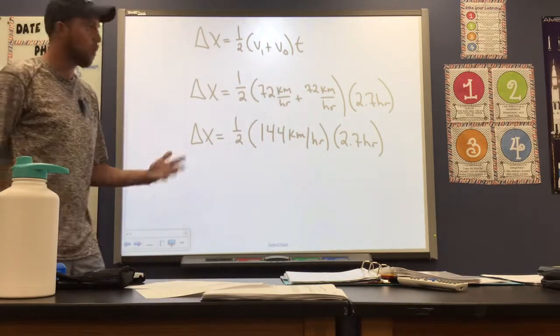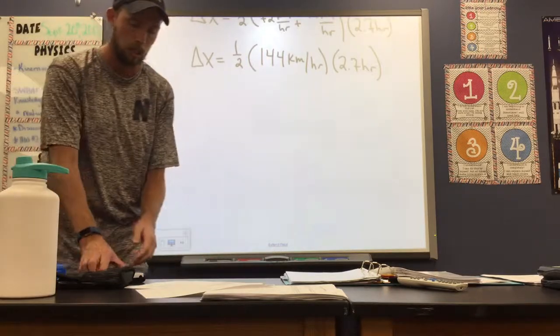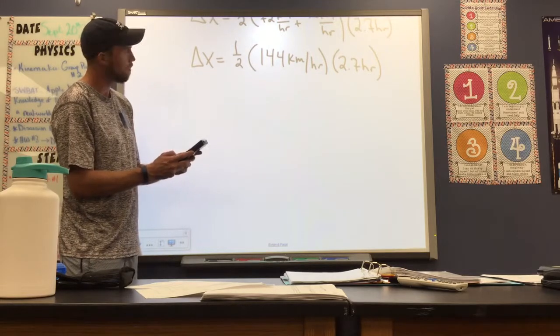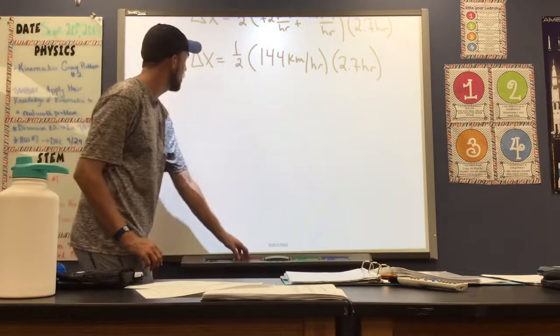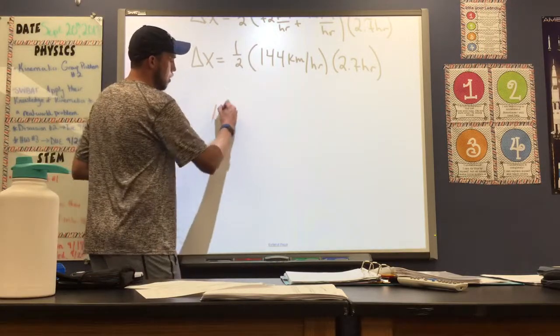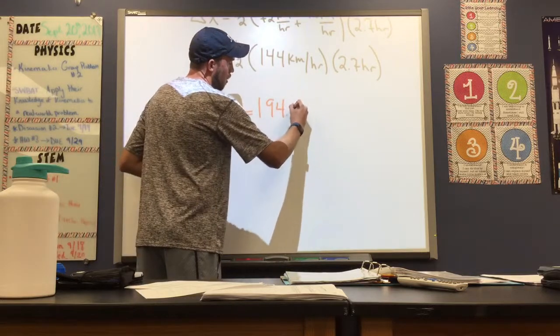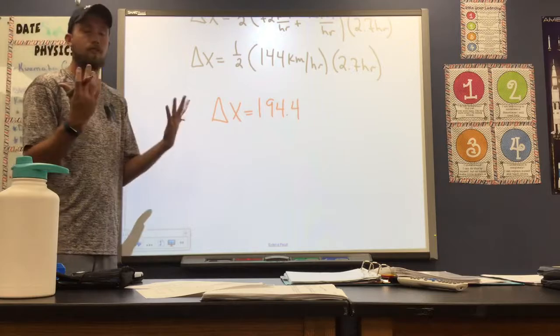So now that I have this equation in a more manageable form, I'm going to plug in my values. I'll take 1/2, 0.5, times 144 times 2.7. When I do that, I should get a delta x. I'll do this in a new color to show it's our answer. That's equal to 194.4.